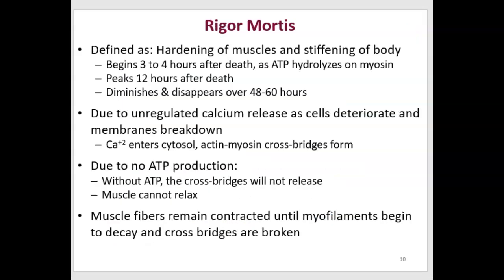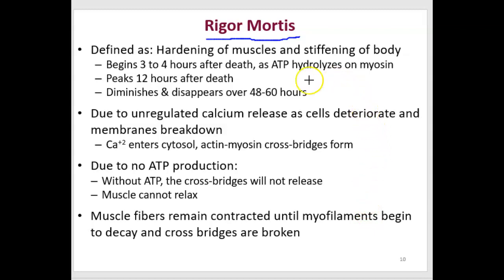Now, I thought I'd mention a little bit about rigor mortis here. I mentioned it briefly in an earlier lecture, but rigor mortis is defined as hardening of the muscles and stiffening of the body. It happens after death, 3 to 4 hours.